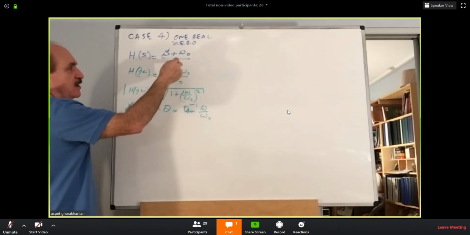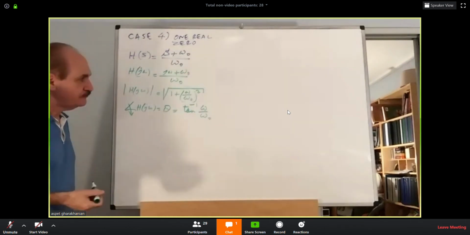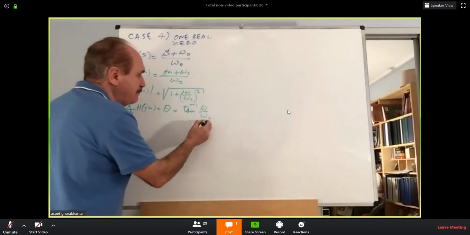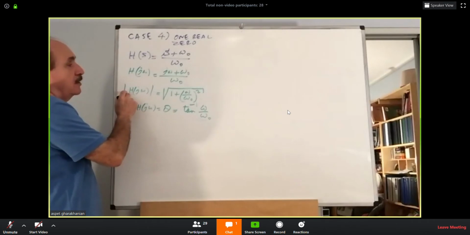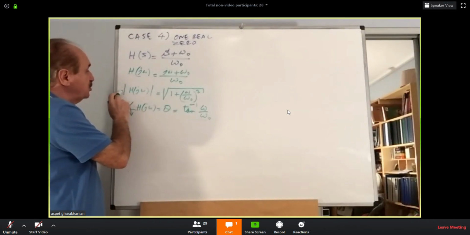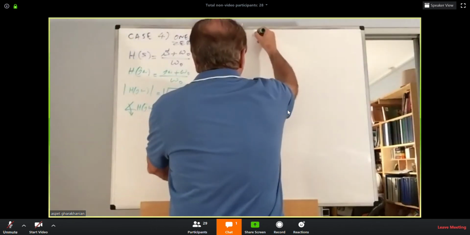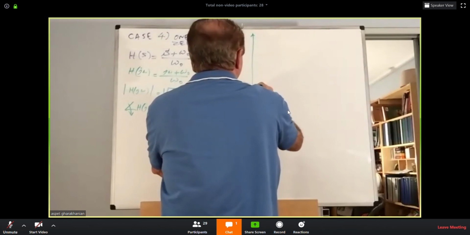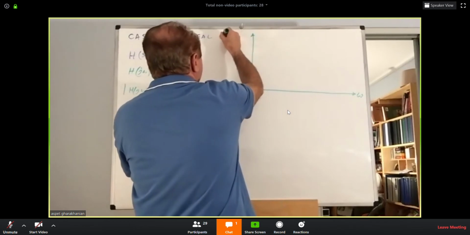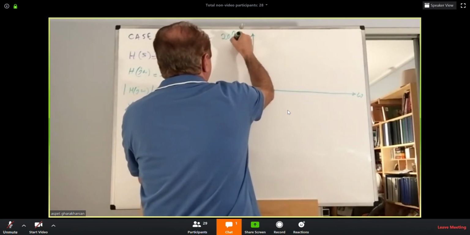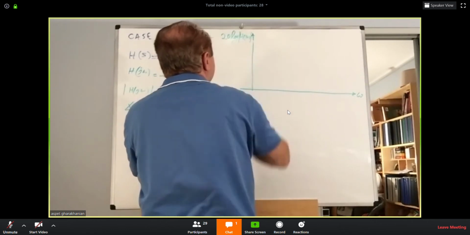So the angle will be inverse tan of omega divided by omega O. Now we need to project them on a graph, but in terms of the Bode, which is 20 log of that magnitude. So we will construct the axis: omega, and this is the 20 log of the magnitude of H of j omega in decimal.